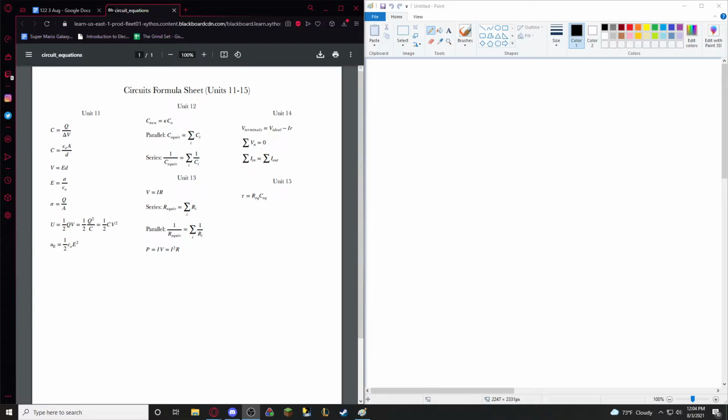It's the sum of the voltage around the loop, and all that sum of the voltage equals 0. Is that for what sort of loop? That doesn't really say what type of loop it is.